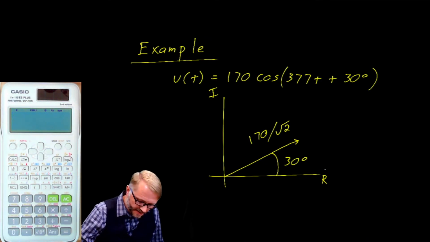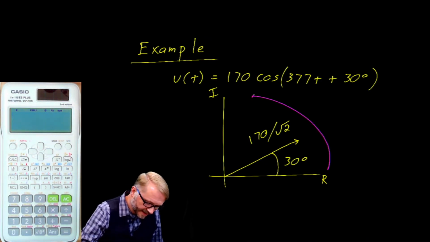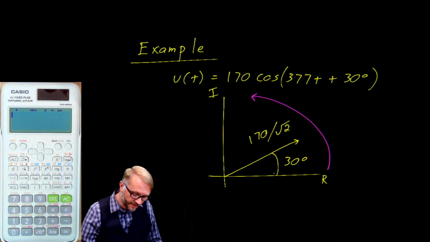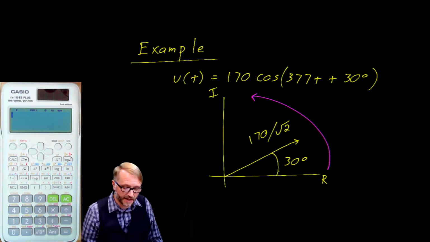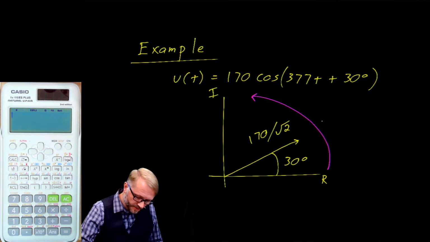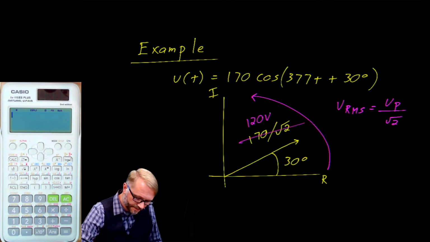We would also say that it rotates in this direction. So we have a line segment of length 120 volts at an angle of 30 degrees, rotating in a counterclockwise direction. By the way, this root 2 implies RMS. So remember, volts RMS is equal to V peak over root 2. So that's where I got this 120 volts from.